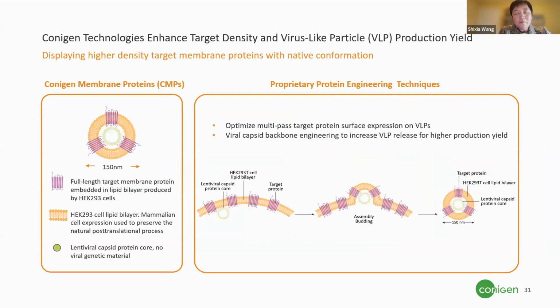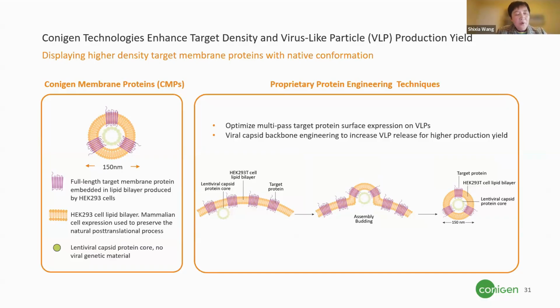So Conigen has developed a technology to express the multi-transmembrane domain proteins on a virus-like particle. This one has higher target density and also better viral particle release to increase the productivity.